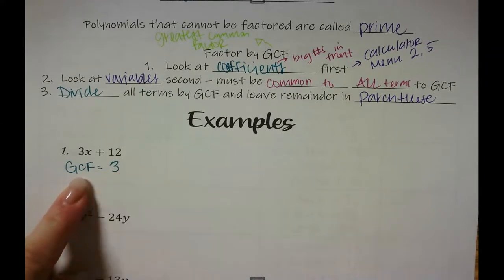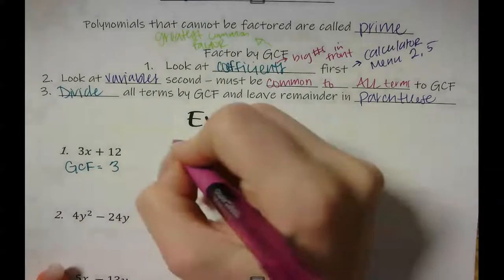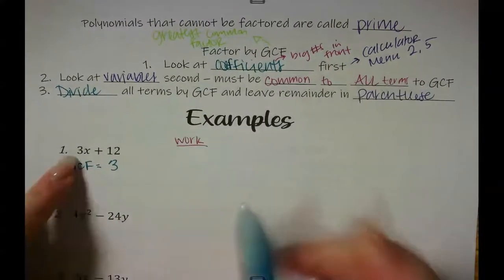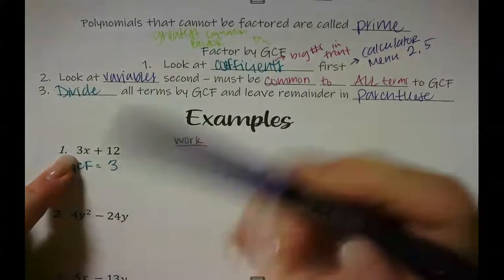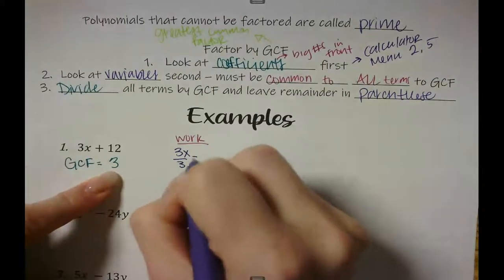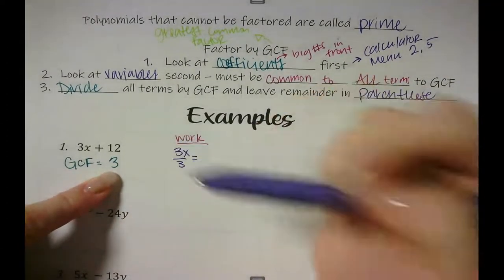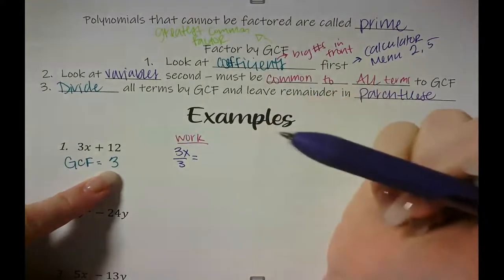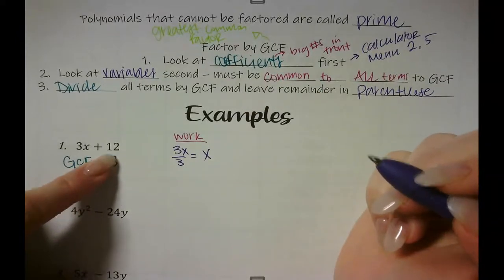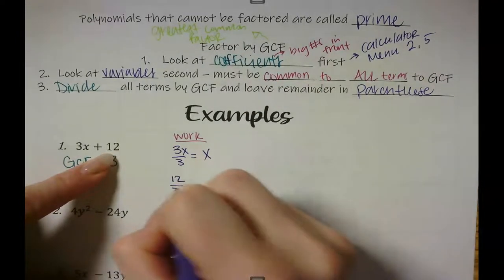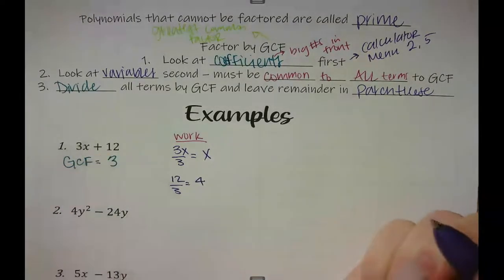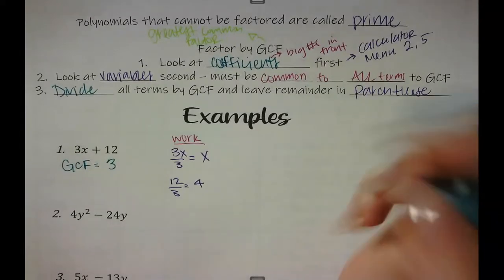So now what I'm going to do is take 3x and divide it by my greatest common factor of 3. Remember, we only divide out those numbers. 3 divided by 3 is 1, and I'm left with this x. I'm not done, though. I need to take my 12 and also divide that by 3. So that is 4.